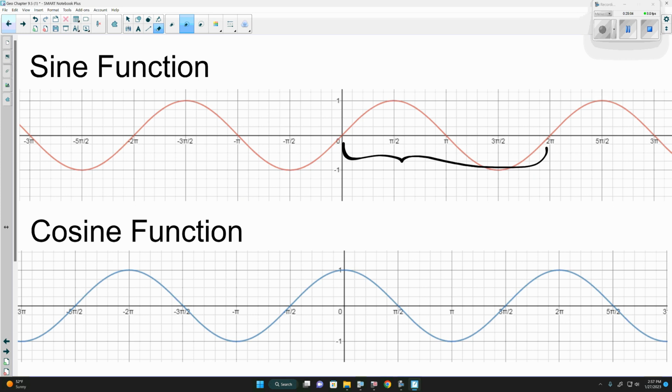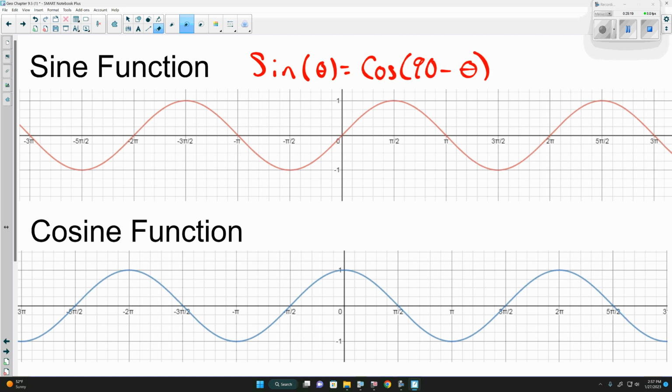If we look at this here, guys, almost done, almost done. Now looking at this graph, because we said sine of an angle is equal to cosine of 90 minus that angle. So here, sine's value is 0 on the y-axis.